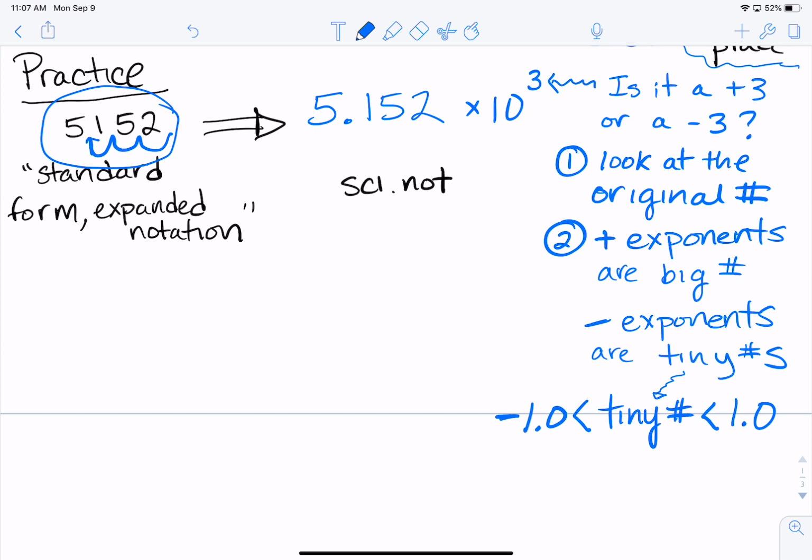So it could be, again, 0.5, negative 0.5, 0.1, negative 0.1, 0.9999, or negative 0.999. Doesn't matter. Those are what we call tiny numbers. And if it's a tiny number, then the exponent's negative. And you guys already told me 5,152 is a big number. So guess what?